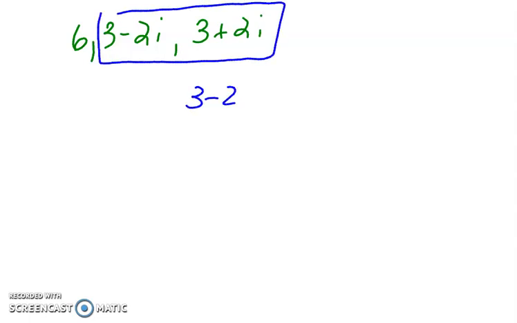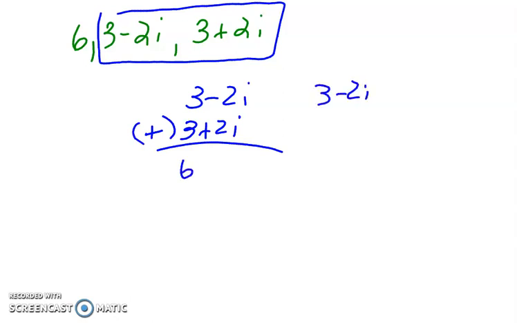If I do 3 minus 2i and 3 plus 2i, if I add them up, the sum is 6. If I multiply them, use your calculators to multiply them. So I'll do it by hand here.